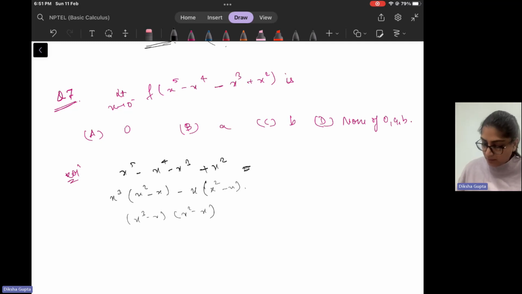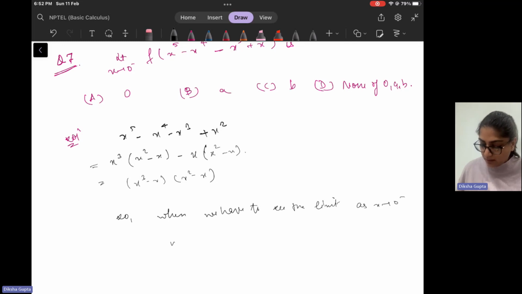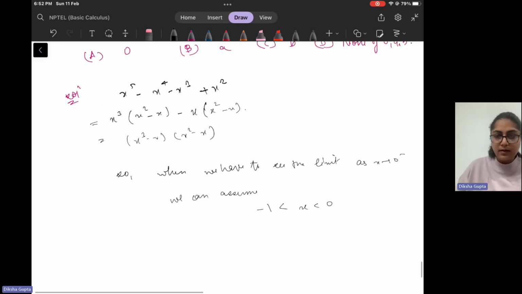So now, when we have to see the limit as x tending to 0 minus, we can assume minus 1 less than x less than 0, right?